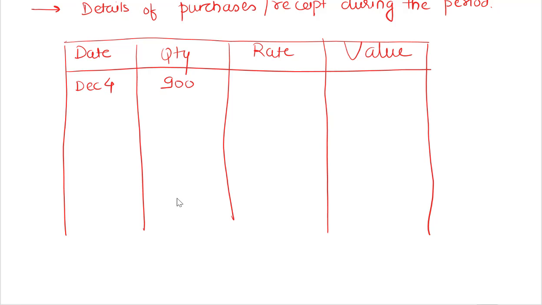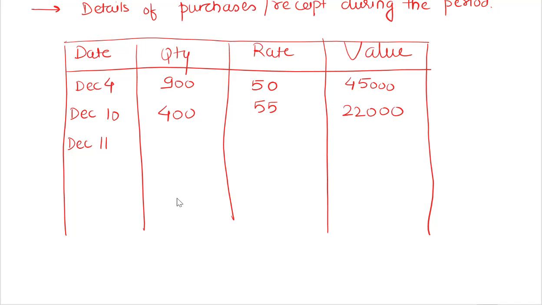December 4, quantity purchased is 900, rate is 50, so the value is 45,000. December 10, quantity purchased is 400, that is receipt, rate is 55 rupees, value is 22,000.